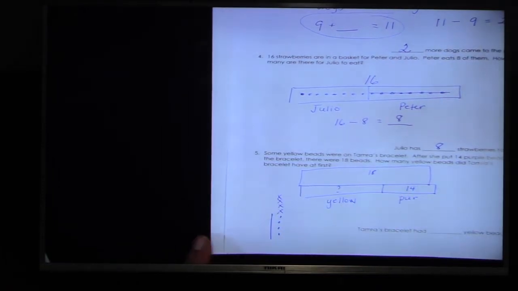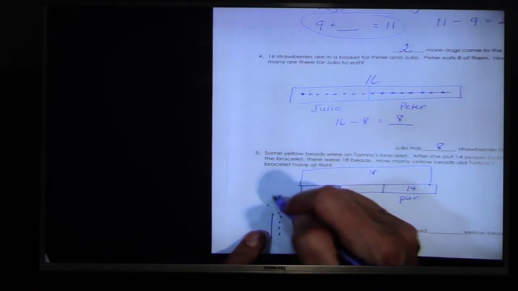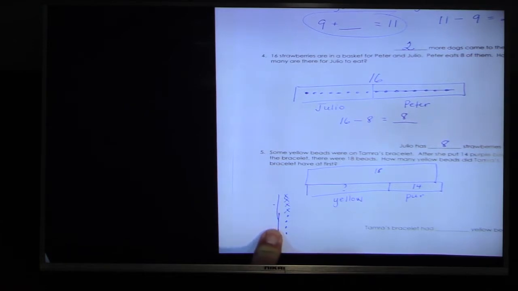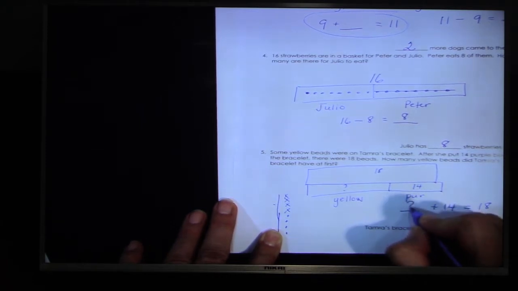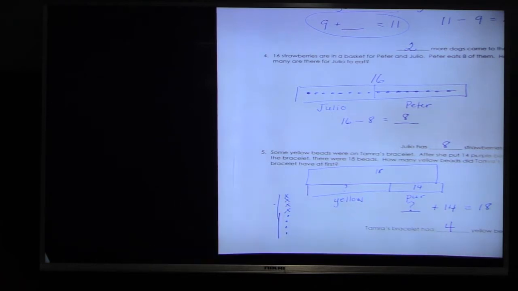So although I started with numbers to understand my question, I came down here and drew a representation of what was going on. And this would be blank plus 14 equals 18. Didn't know how many were there, but I can figure it out, and there were 4.